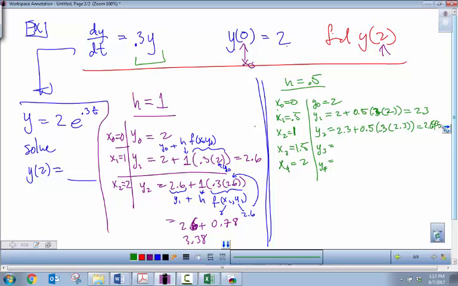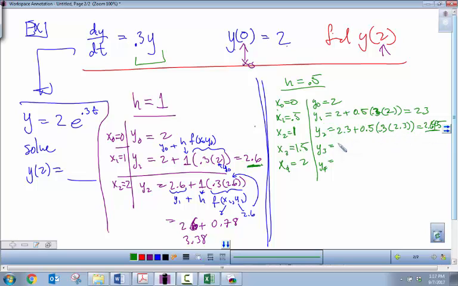So I'm looking at y sub 2, and I'm comparing that not with y sub 2 from the previous problem, but when x is equal to 1. If you're going to make a comparison, you're going to make it with the same x value. So with the x value of 1, I got 2.6 here, and I got 2.645 over here, right?